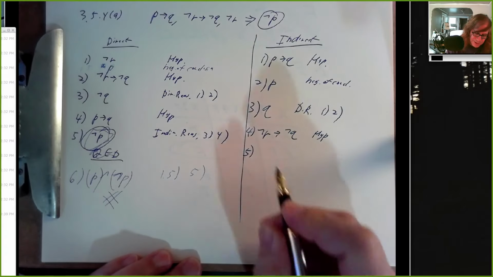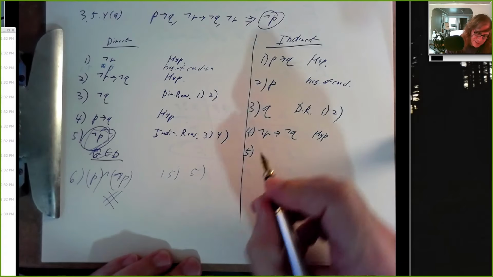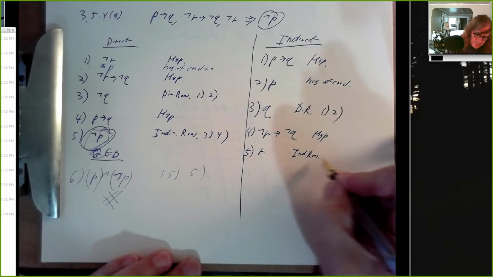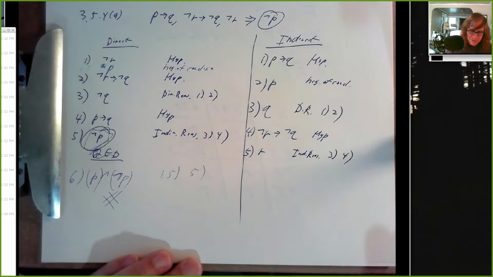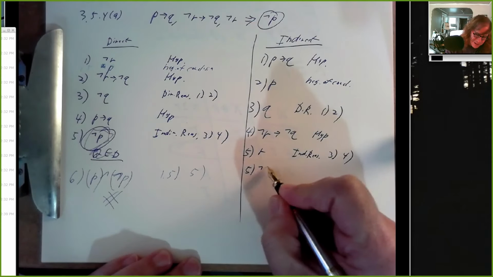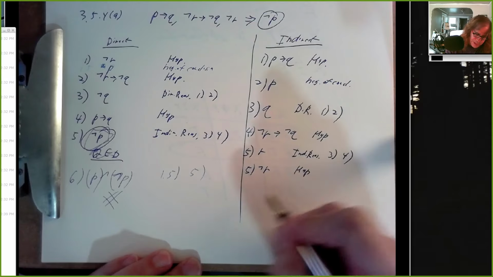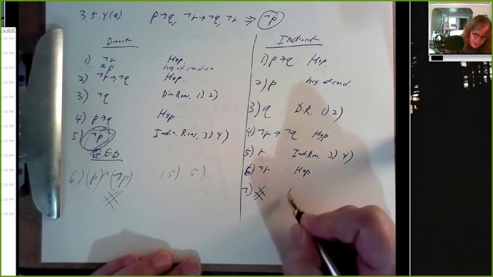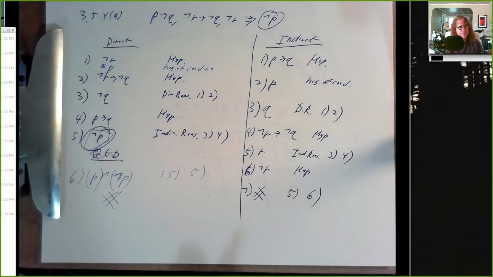And so indirect reasoning would give us R using steps 3 and 4. And now we can bring in our hypothesis, not R. That's a hypothesis. And that's a contradiction between steps 5 and 6.